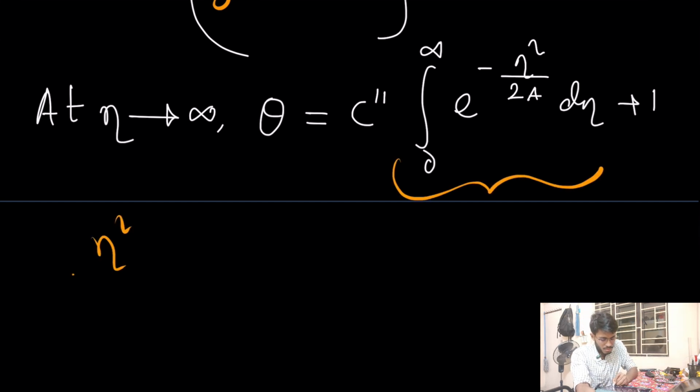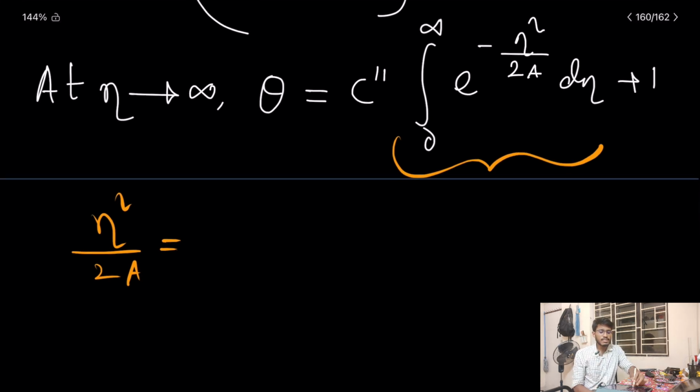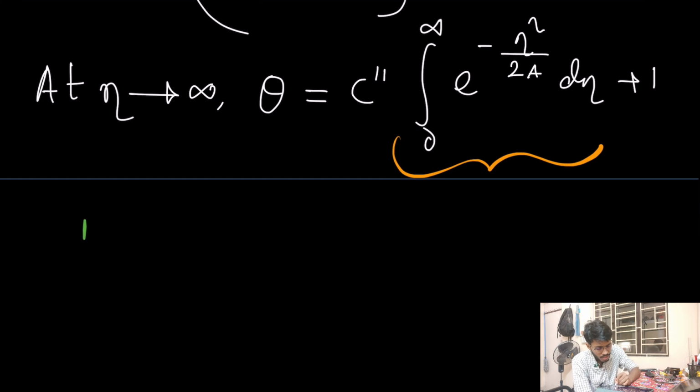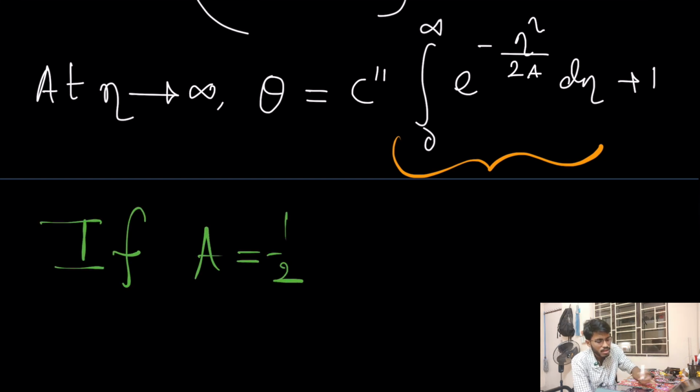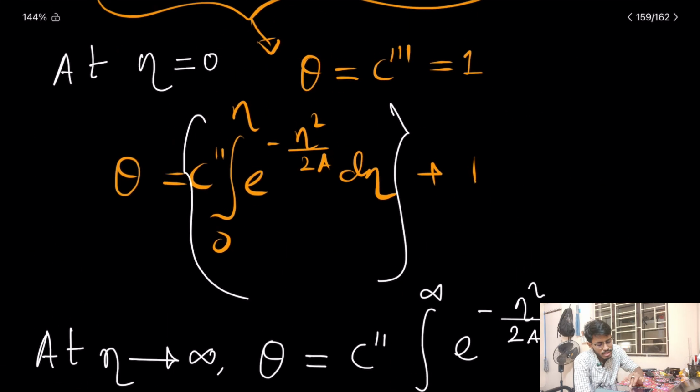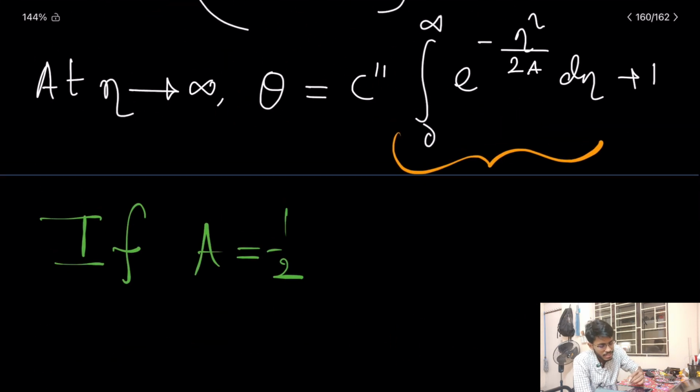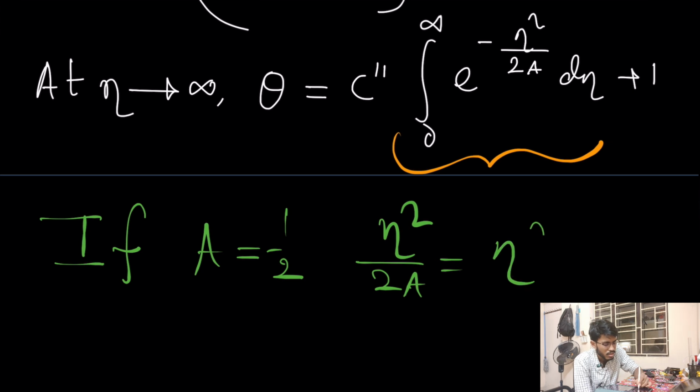I will take a transformation here, and this will be equal to 1. Now here before doing anything else, can you see that if I take a equal to half, then I will have a simple solution. I mean, my eta square by 2a will be eta square.